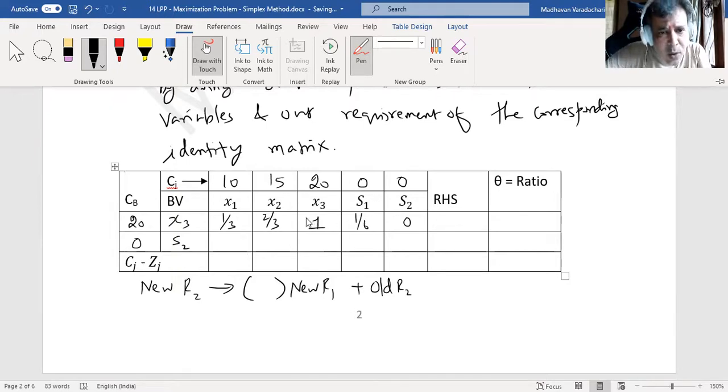Here we have 1. That is the reason we divided every element with the pivotal element, to make this element 1. Now below 1 you need to have 0, because that is a basic variable. So 1, 0 and then s2 0, 1, which means here I need to get a 0.